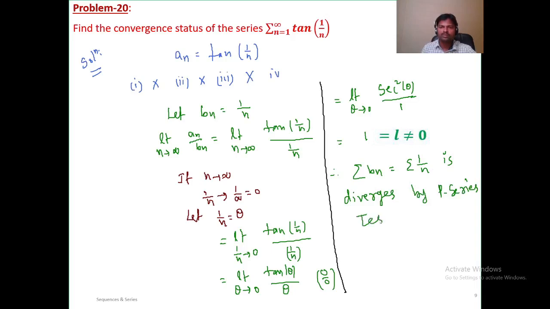So therefore, by the limit comparison test, both converge or diverge together, so the series An, which is series tan 1 upon n, diverges.